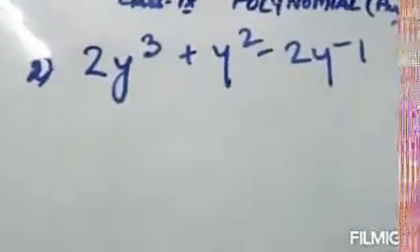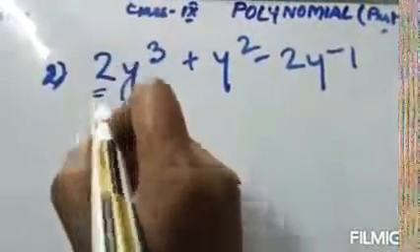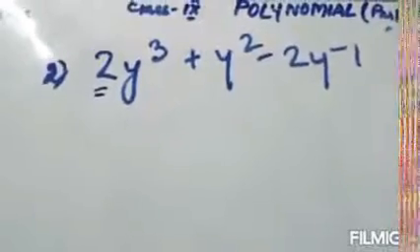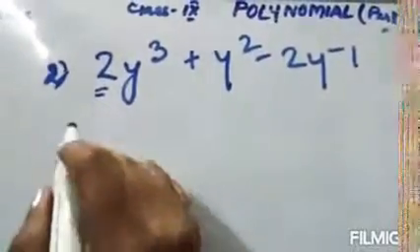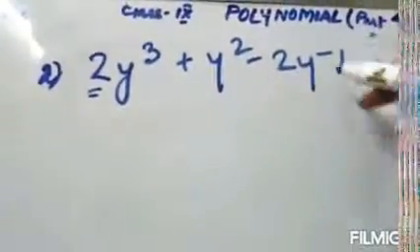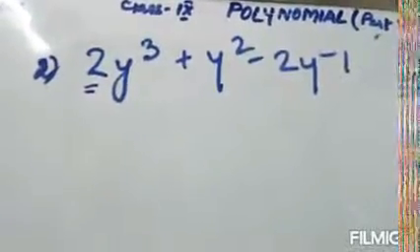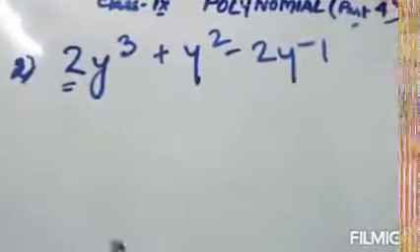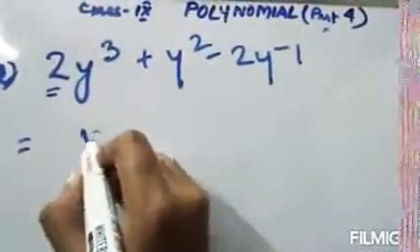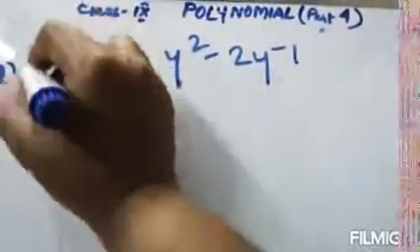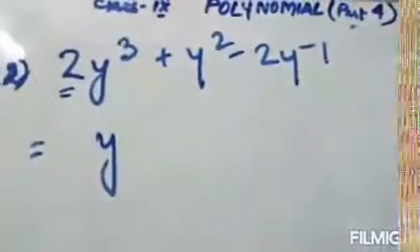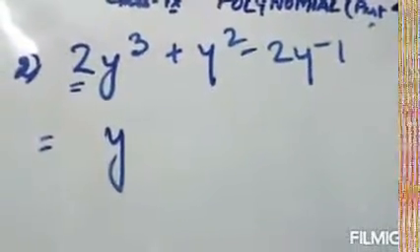Now you see this leading term is having a coefficient, correct? So in here you can't just take the factors of only the constant term. You need to divide the polynomial by the leading term's coefficient.